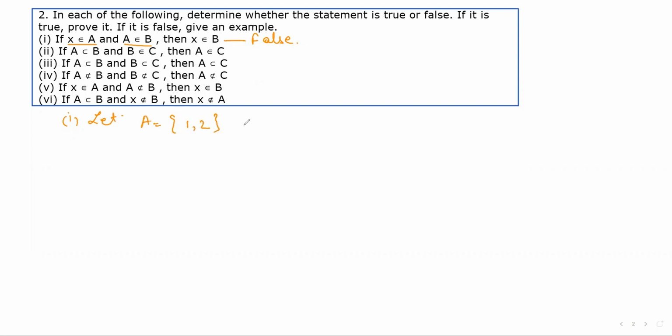B is equals to A comma 3 comma 5, which is equals to 1 comma 2, 3 comma 5. I'll consider any element. Here 1 belongs to A and A belongs to B.